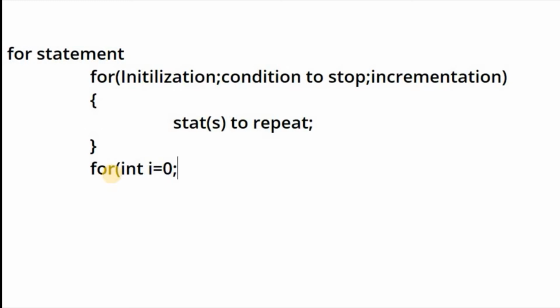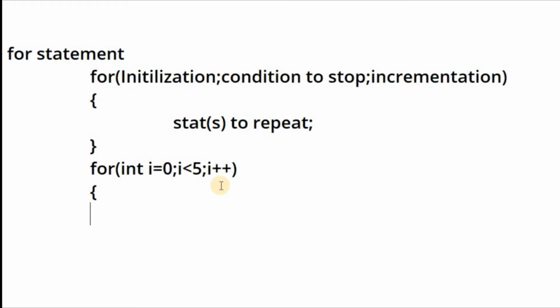Then i less than 5, i plus plus. First time it takes i is equal to 0 and then it checks whether i less than 5, yes, then it increments the i for the next iteration, not for the current iteration.